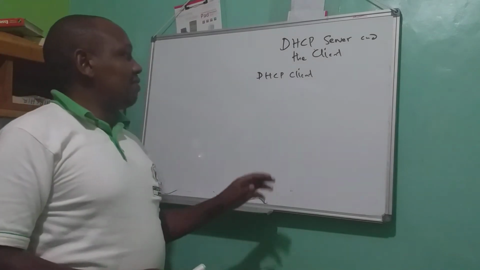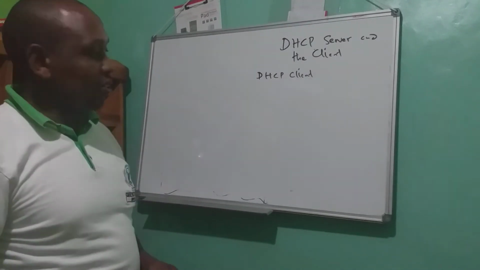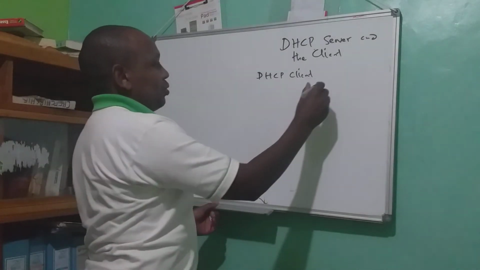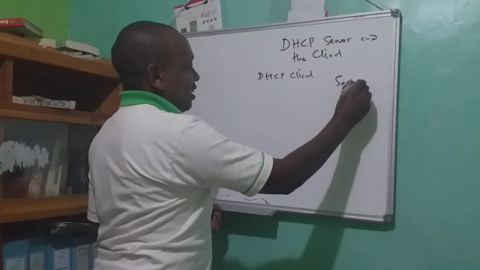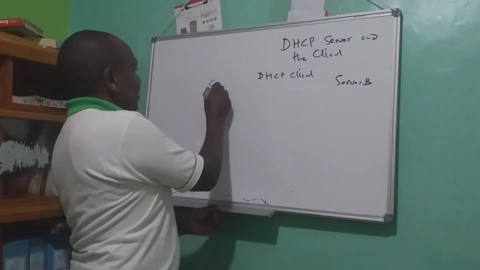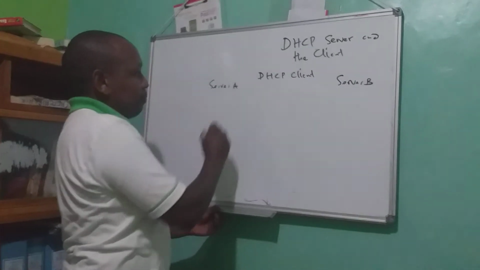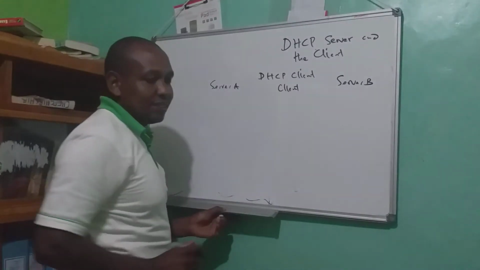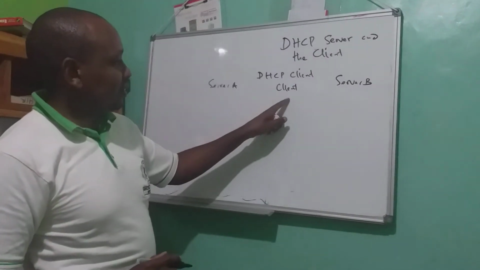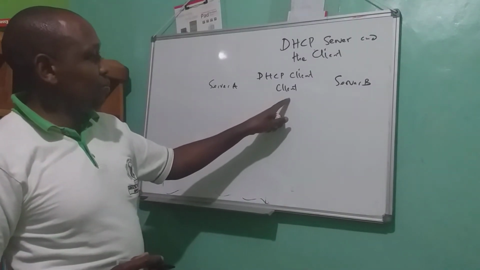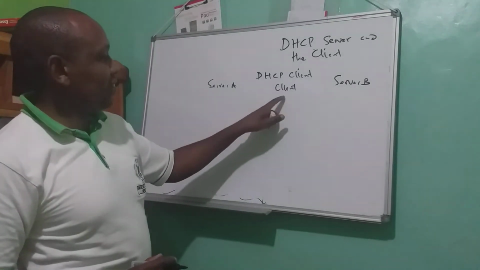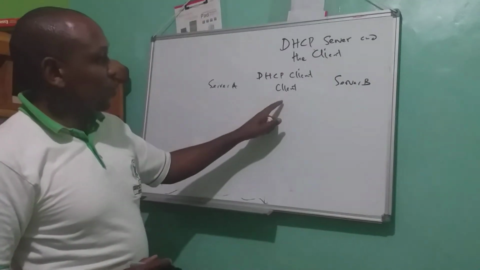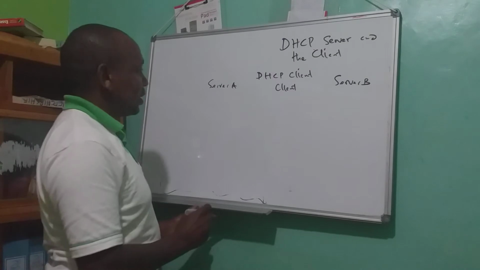Assuming you have two servers in the local area network, so you have server B and you have server A, and you have a client. That means you have a user with a computer, a laptop or a phone who is using your local area network.